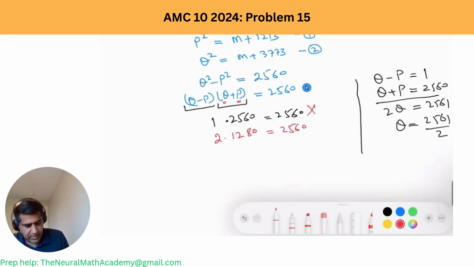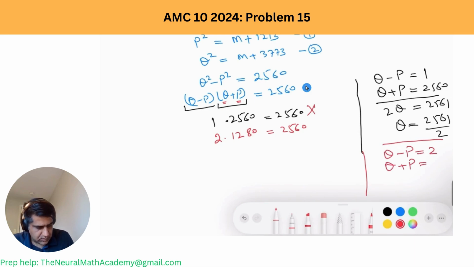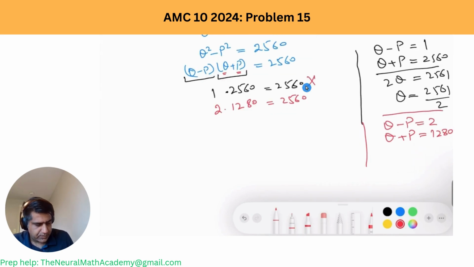And from here now, I can calculate the values for P and Q. And if you solve these equations, then Q is equal to 641 and P is equal to 639, right? Okay. And both of these are now integers.